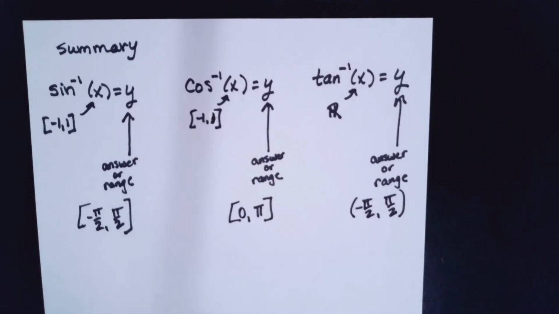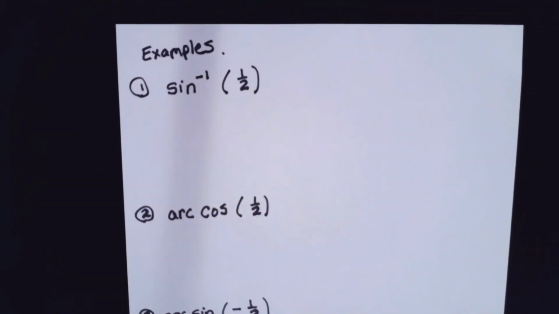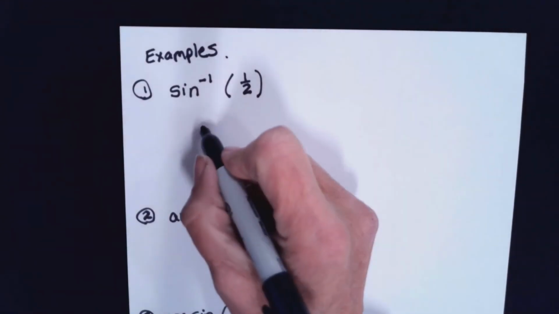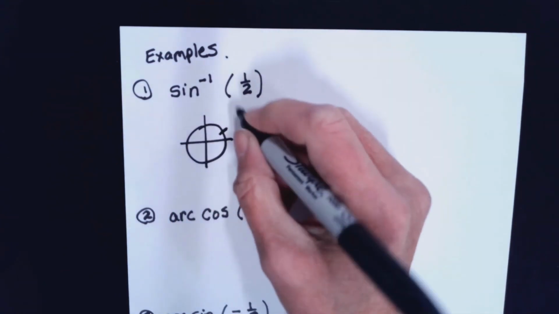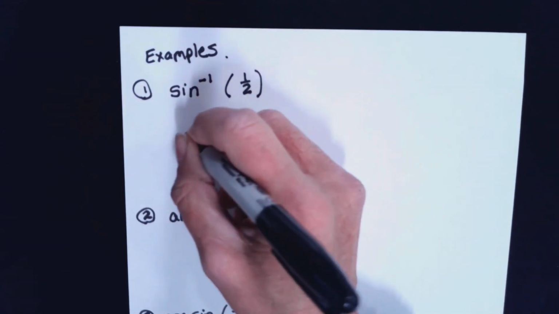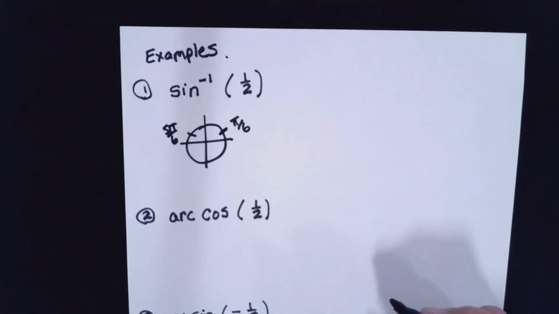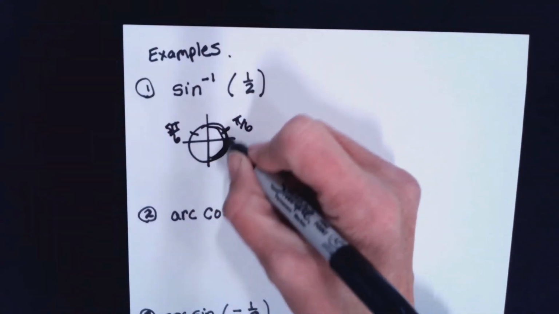So let me just look at a few example problems. Let's see, how am I on time? Good. So examples, inverse sine of 1/2. Once again, that's asking where on the unit circle the sine is equal to 1/2. Well, there's two places, but this is saying where on the interval from negative pi over 2 to pi over 2.